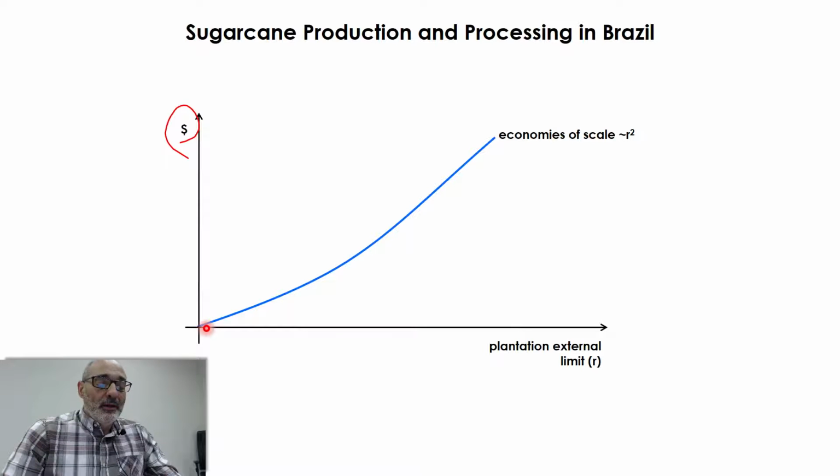So the amount of revenues increases with the square of the scale factor. R, in fact, is our scale factor.